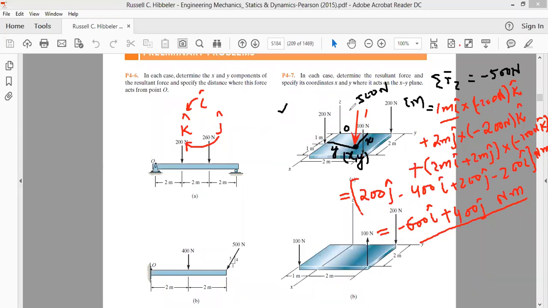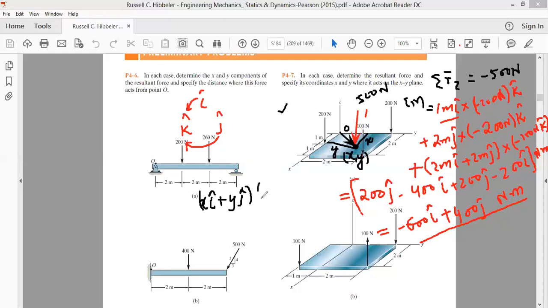Draw the radius vector. The moment will be R cross F, where R is x i cap plus y j cap.